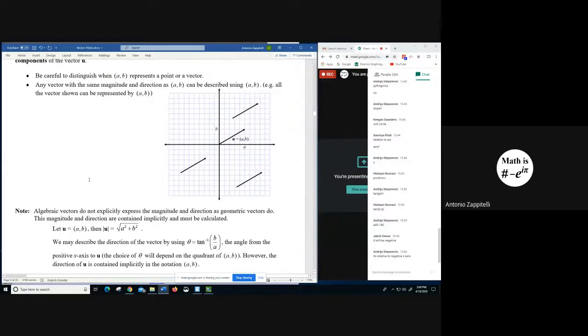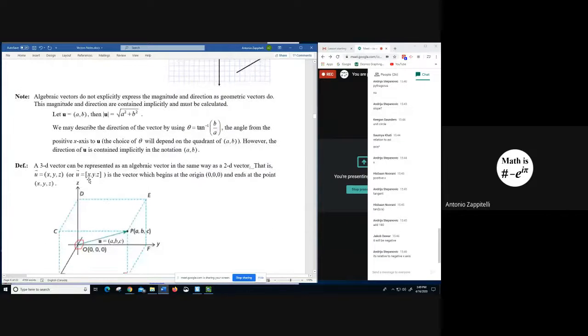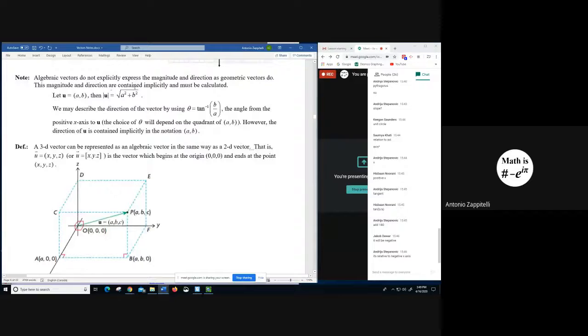And how did we describe the magnitude? Well, the magnitude was just a straightforward application of Pythagoras. And the direction we give relative to the positive x-axis. You'll use the inverse tan of b over a, but you're going to have to do a little thinking along the way. Depending on what quadrant you're in, you're going to have to decide how to use that angle.